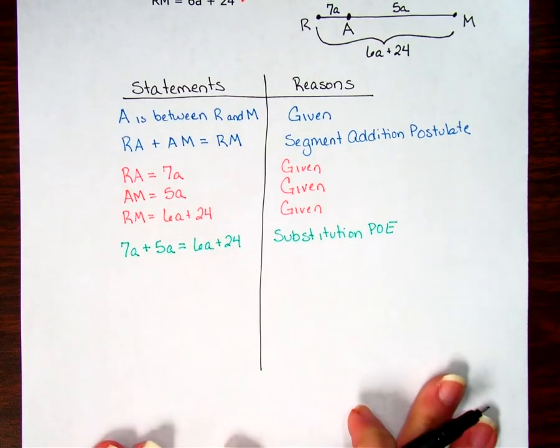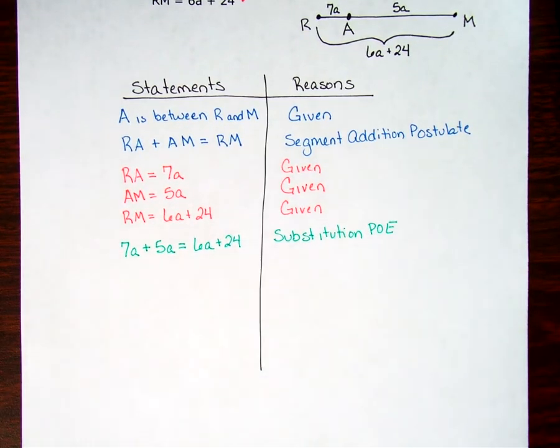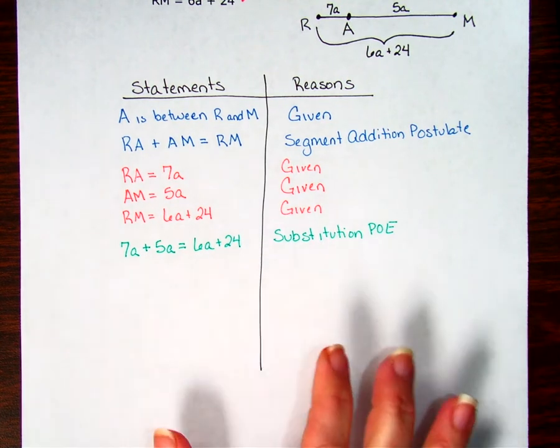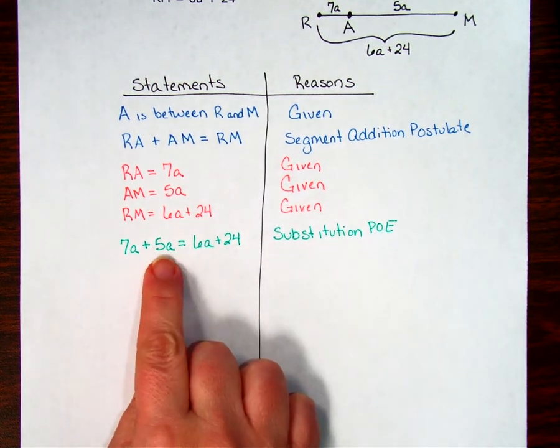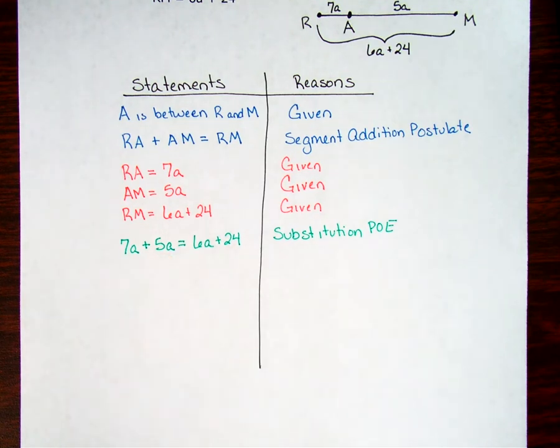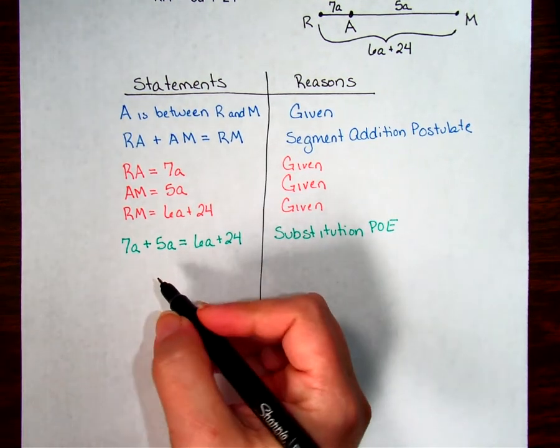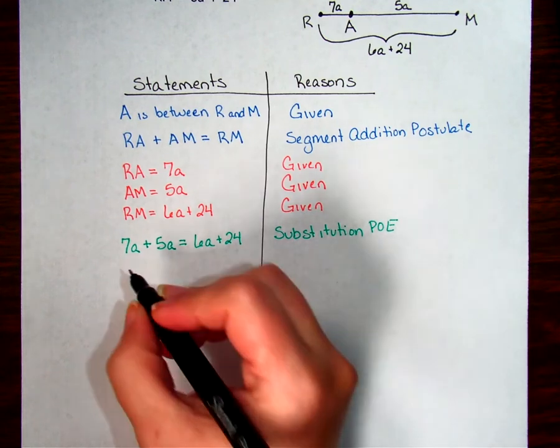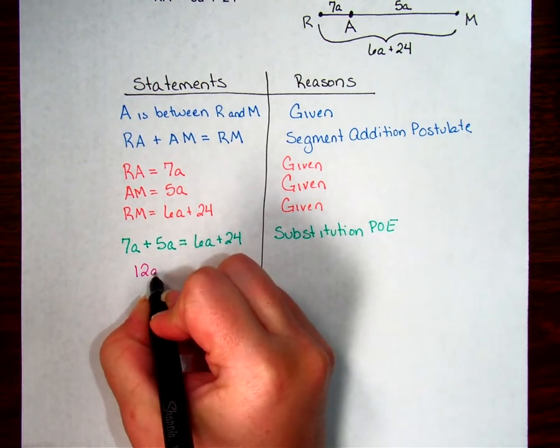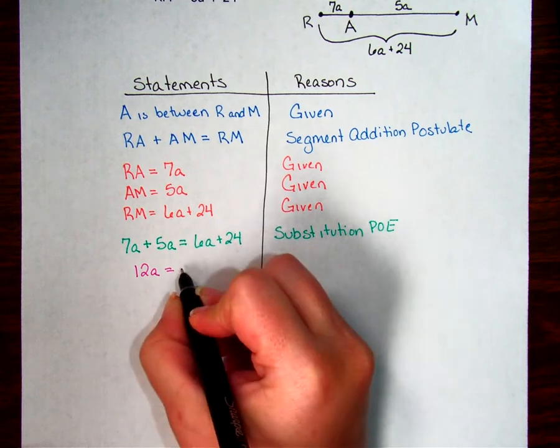Okay, so let's look at what we're going to do next. The next thing I'm going to do is look for some like terms, because now it's just basic algebra. I have a 7a and a 5a, so I'm going to put those two together. My 7a plus my 5a is 12a, equals 6a plus 24.